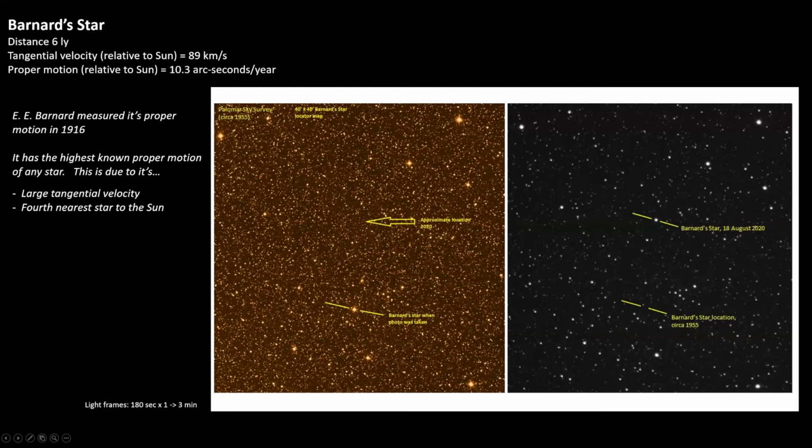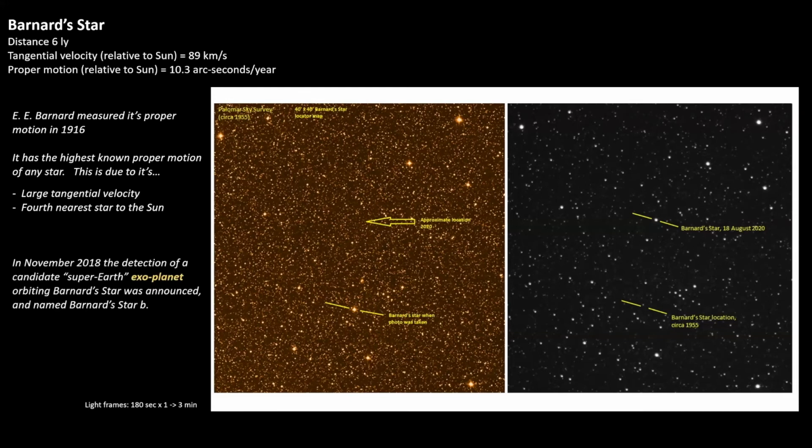So lastly, on Barnard's star, in November 2018, an exoplanet, which has really been in vogue, the discovery of exoplanets is in the news a lot these days. Well, a super Earth exoplanet was discovered orbiting Barnard's star and named Barnard's Star b.